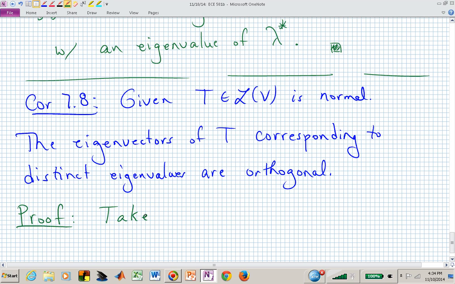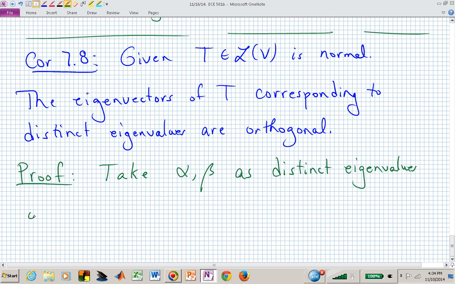Let's just assume some variables for a couple of distinct eigenvalues. Suppose we take alpha and beta as distinct eigenvalues. And let's associate some eigenvectors with those, u and v.